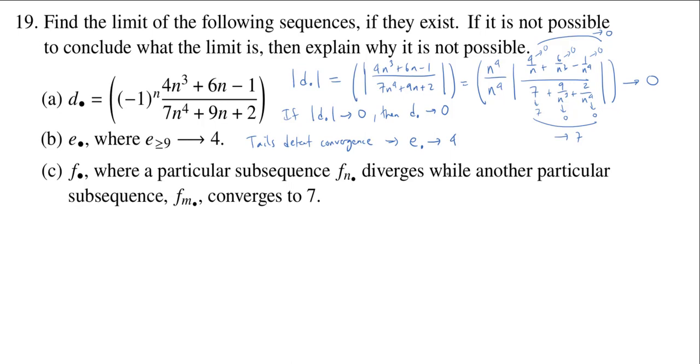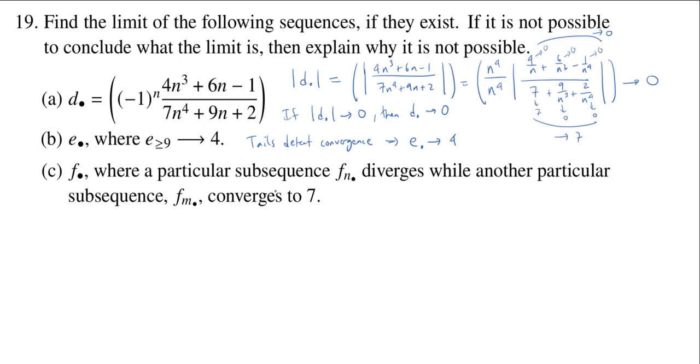Okay, last one. Now we have a sequence F dot, and we know that F dot has a particular subsequence, Fn dot, that diverges. But it has another particular subsequence that converges. So could it be that F dot converges?